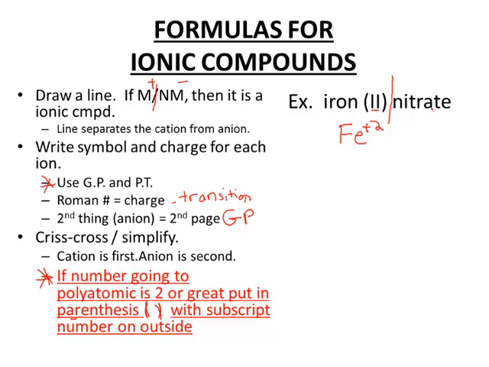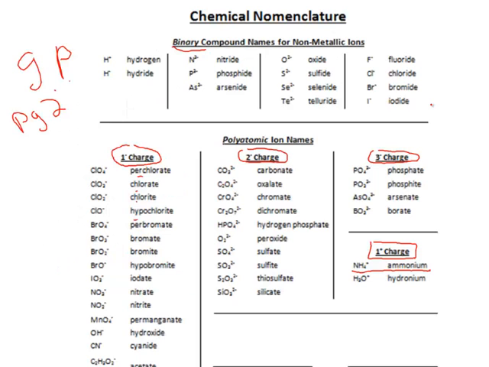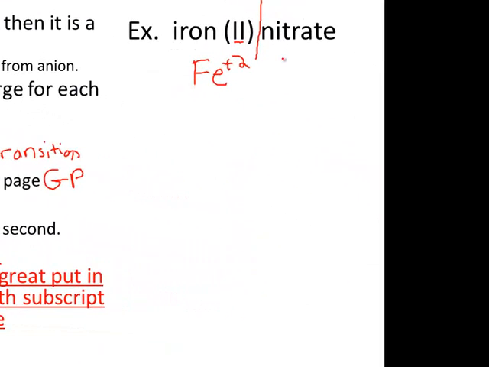It's found on your polyatomic page. If you were to look through the first column, partway down, NO3 is found there. So nitrate is 1 nitrogen, 3 oxygens with a -1 charge.